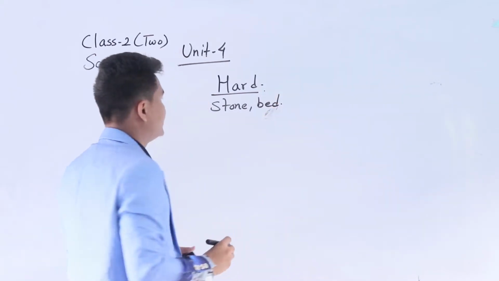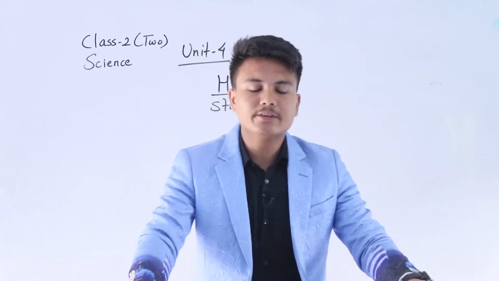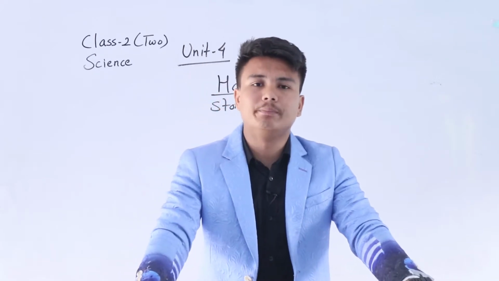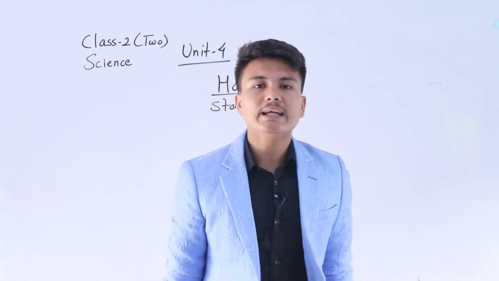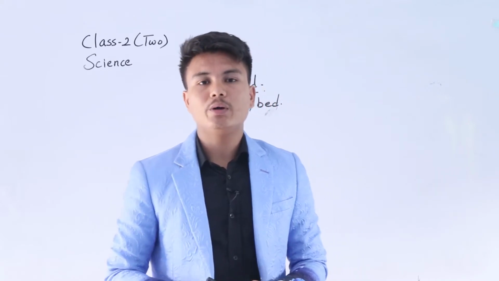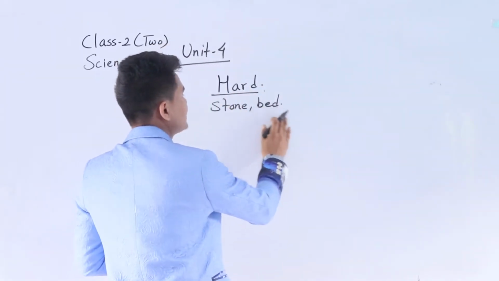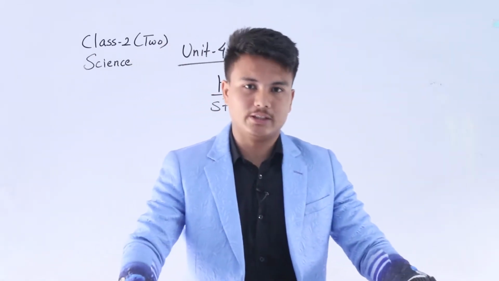Stone, bed, okay. Can you sleep on a table? No, I think it is very difficult to sleep, because we need foam, we need a bed. We need a soft object to sleep comfortably.